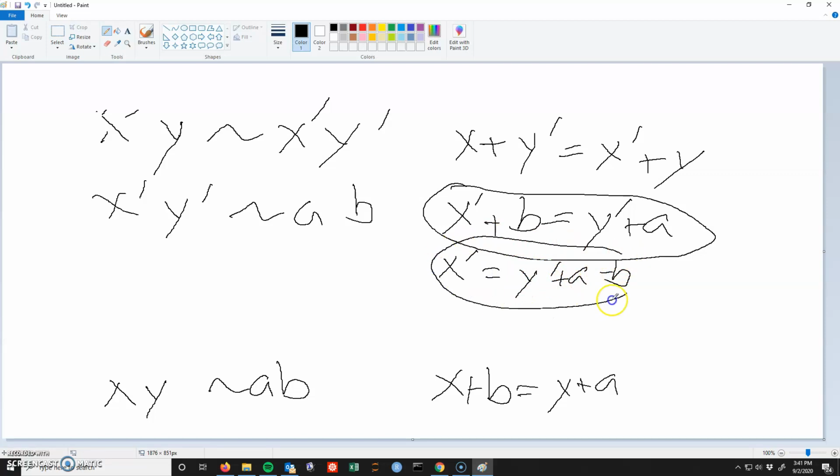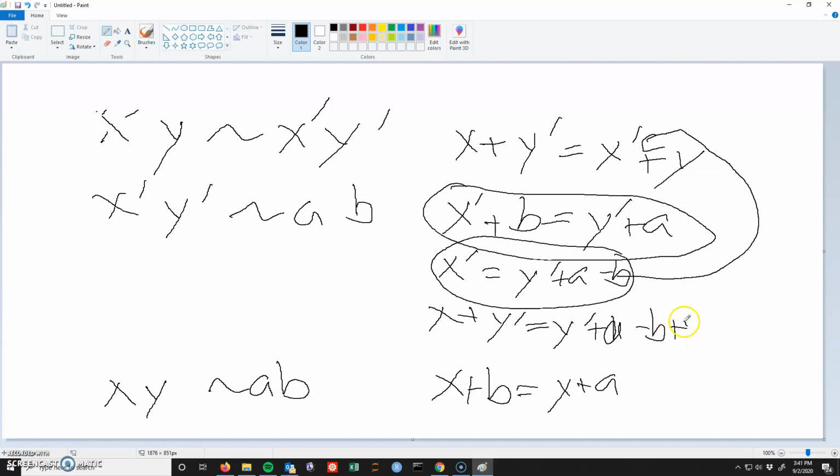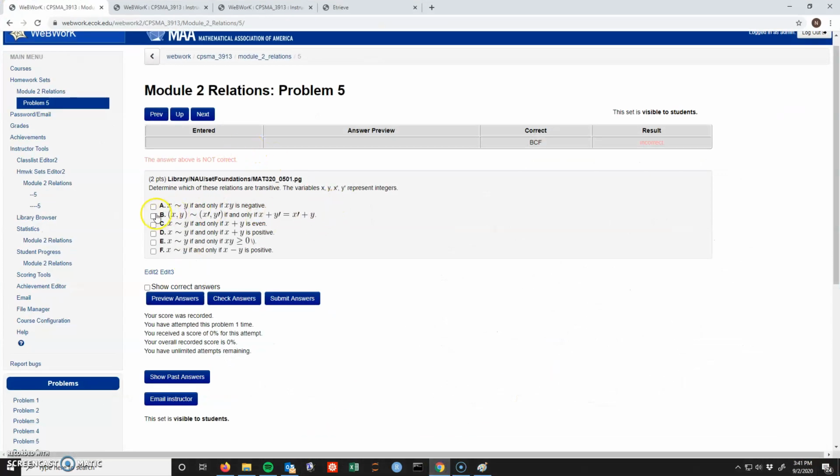I'm going to substitute this into the other equation, and I get x plus y' equals, instead of x', y' plus a minus b plus y. I do a little rearranging, and I do indeed arrive here. So this one is transitive. If you're given this mixing and adding, it is transitive.